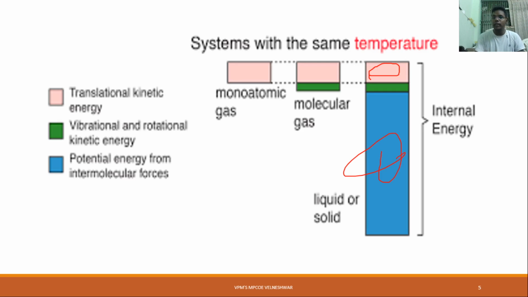If I am considering liquid or solid and gas, let us take a glass. Inside the glass there is some water. Whatever the glass material is, that glass material will get some energy due to this liquid or solid and molecules, means the combination of gas and liquid. That is nothing but internal energy.